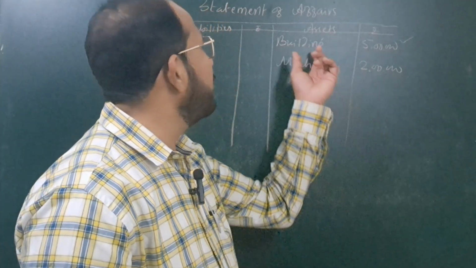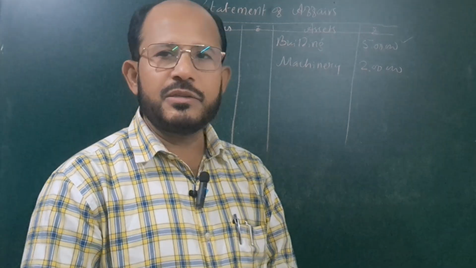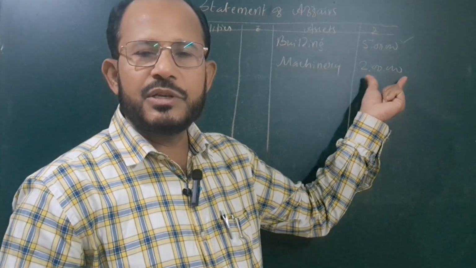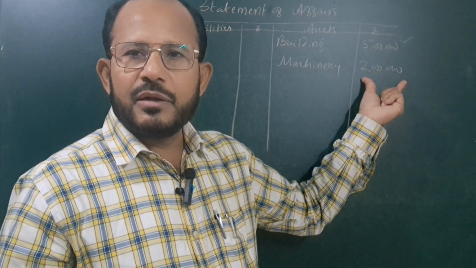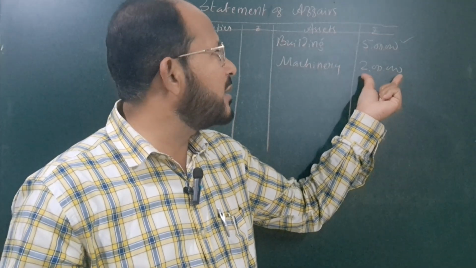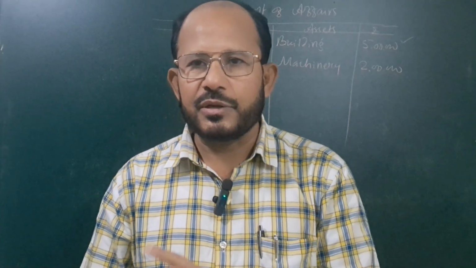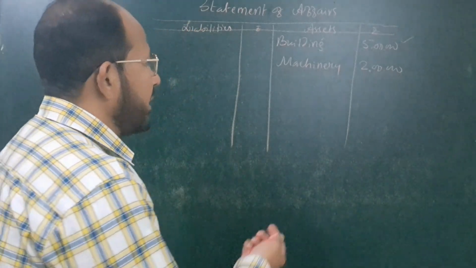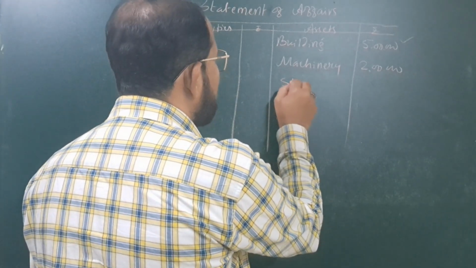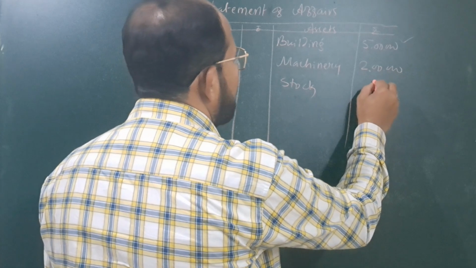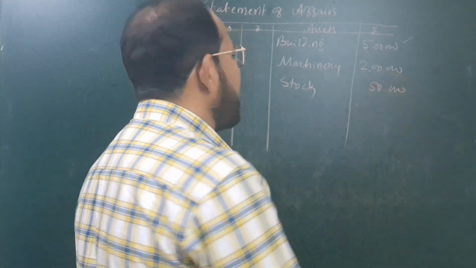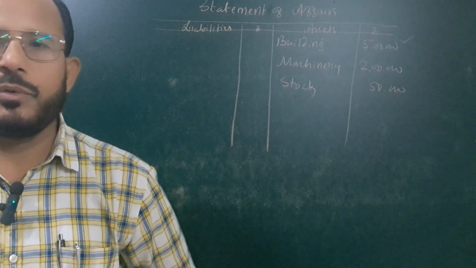But in case of the statement of affairs, this is shown by the proprietor himself. That is why this is not reliable in nature. Even in case of current assets, take for example stock. I am taking here stock of rupees 50,000 shown by the proprietor under the single entry system of bookkeeping.